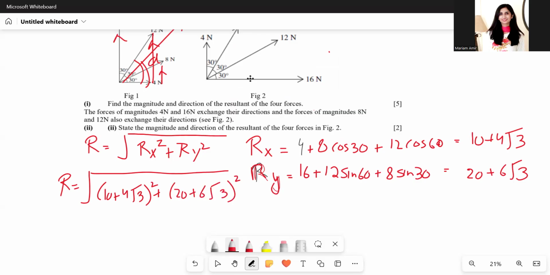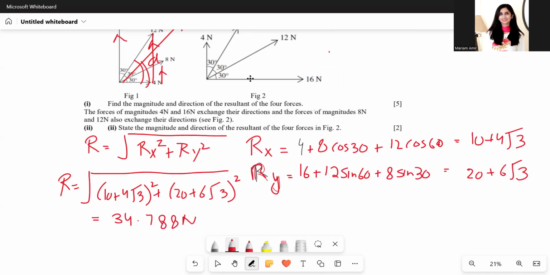Let's see, what do we get? Square the answer, plus the bracket 10 plus 4 under root 3 squared, and square root the answer. We're getting 34.788 newtons.